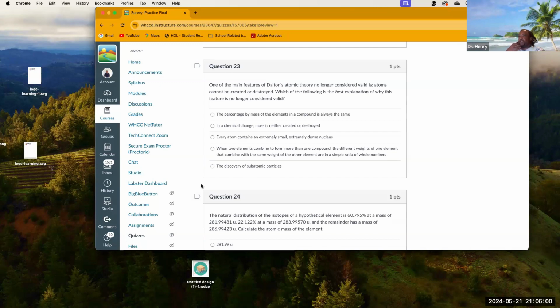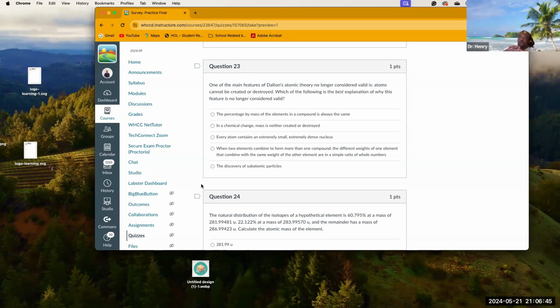One of the main features of Dalton's atomic theory, no longer considered valid, is that atoms cannot be created or destroyed. Which of the following is the best explanation of why this feature is no longer considered valid? A, the percentage of a mass of an element in a compound is always the same. B, in a chemical change, mass is neither created nor destroyed. C, every atom contains an extremely small and extremely dense nucleus.